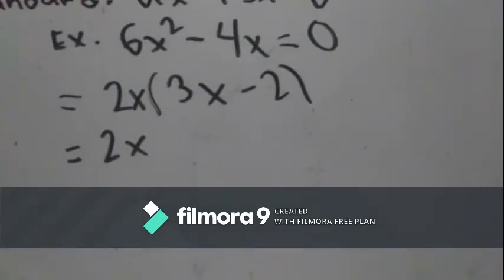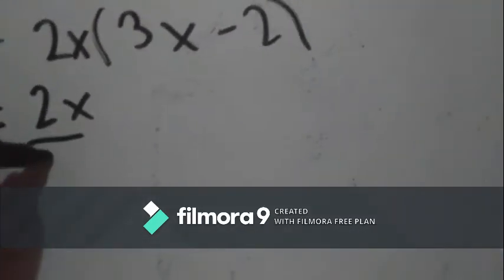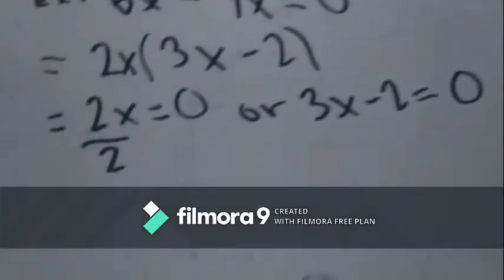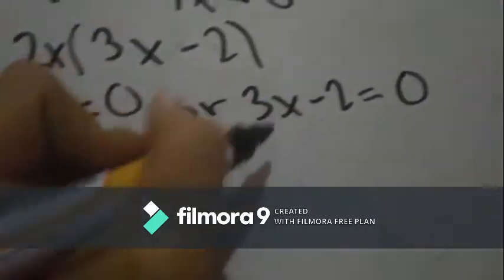Then also we should have two solution sets. So this is the two solution sets that we will do today. We should set 2x equals 0, or 3x minus 2 equals 0. So we should divide by 2 so that you can get the final answer, and this should be divided by 3.